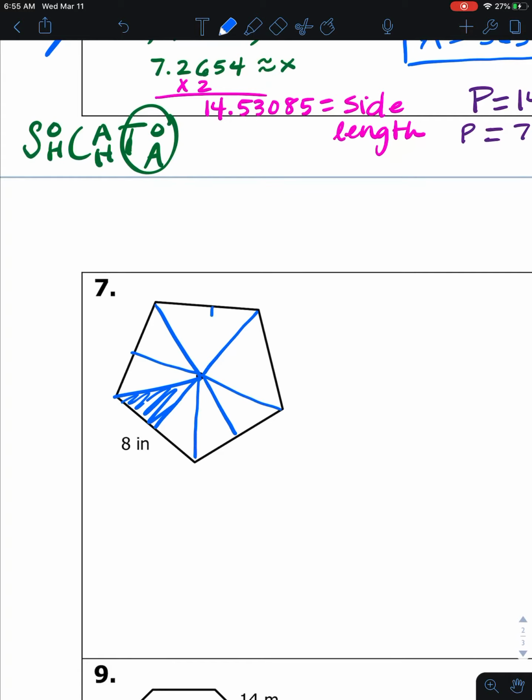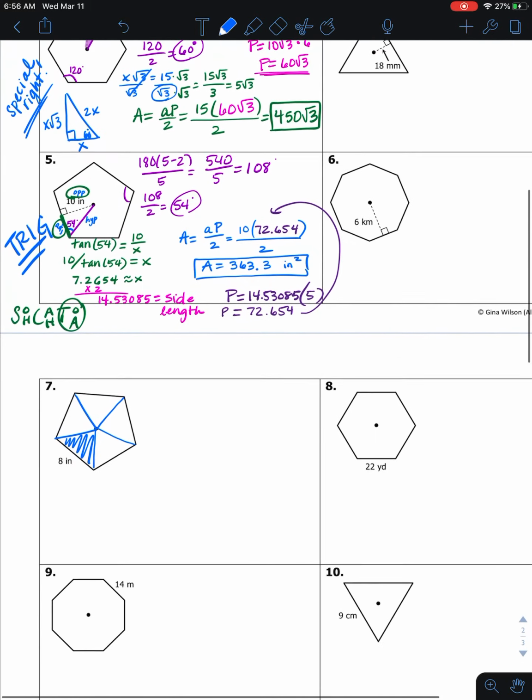So you could do 10, or, if you want, you could ignore those apothems and multiply the area of one of these triangles by 5, okay? Unfortunately, you'll still need to use trigonometry and special right triangles to find the area of those triangles, for the height or maybe the base. So we can talk more about that next time.